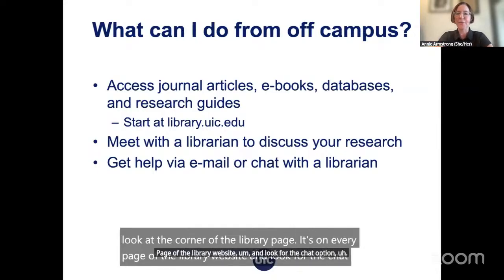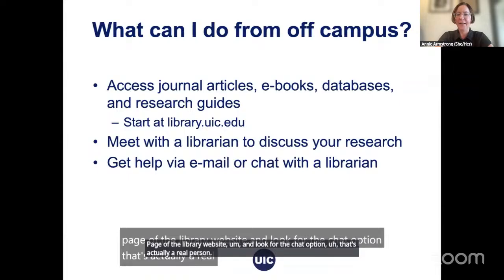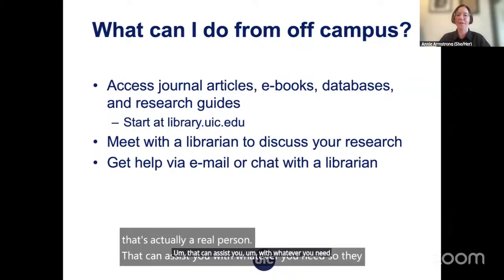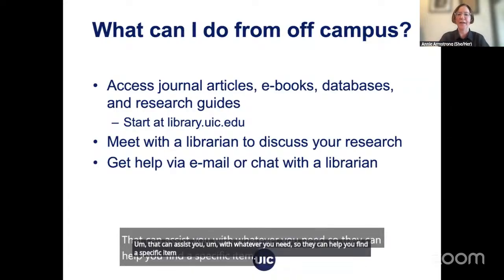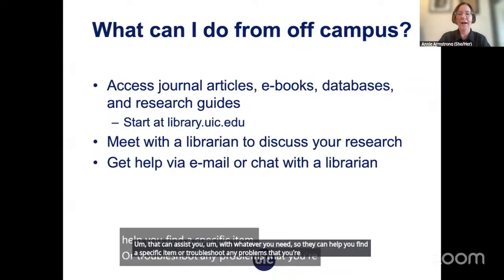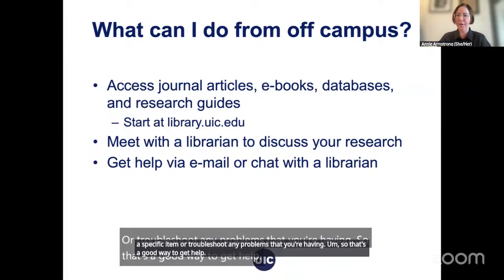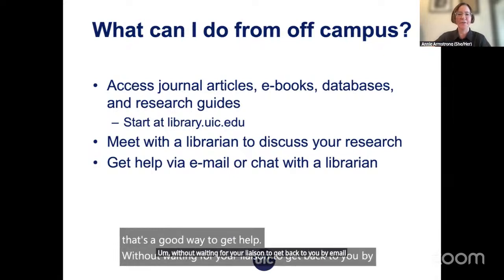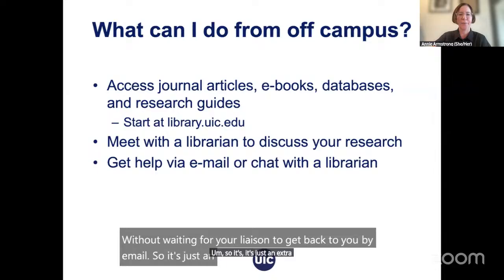That's actually a real person that can assist you with whatever you need. So they can help you find a specific item or troubleshoot any problems that you're having. So that's a good way to get help without waiting for your liaison to get back to you by email. So it's just an extra way to get help.